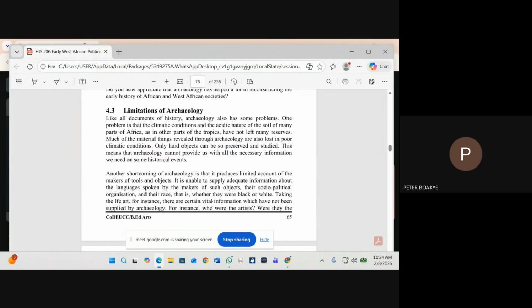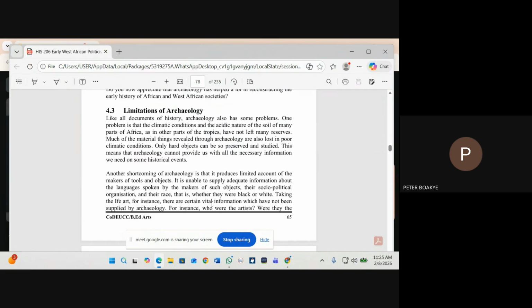Another shortcoming of archaeology is that it produces a limited account of the makers of tools and objects. It is unable to supply adequate information about the language spoken by the makers of the objects, their socio-political organization, and their race, whether they were black or white. If they come across a bone, how would they say that this bone was white or black?